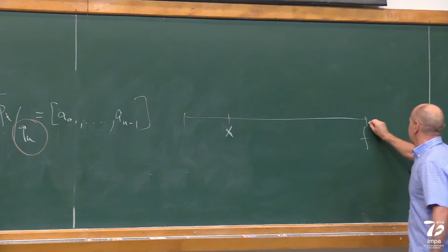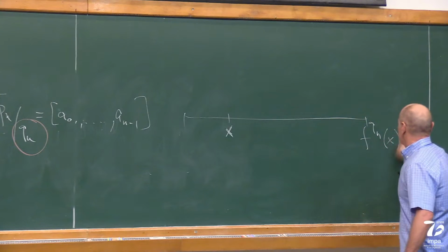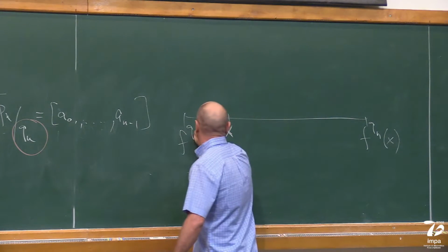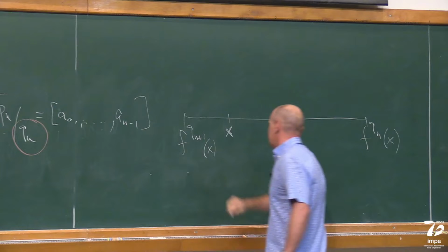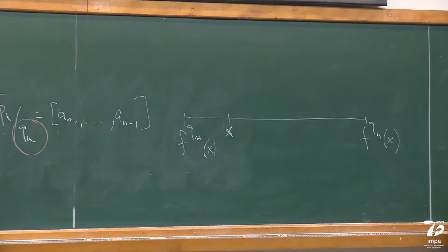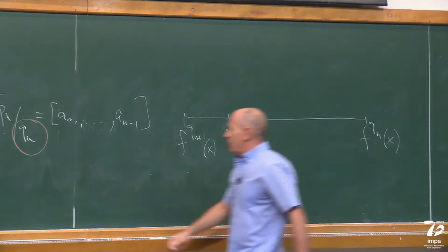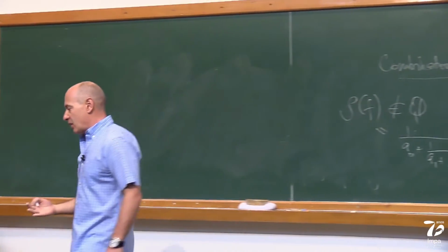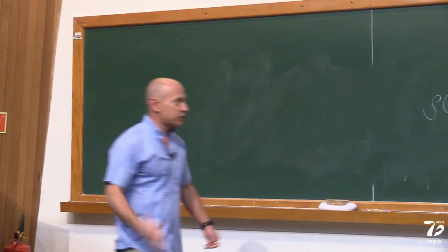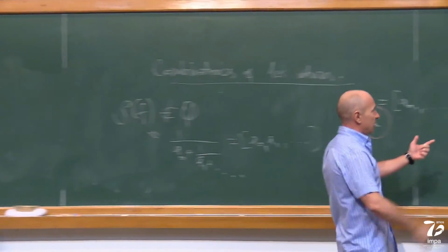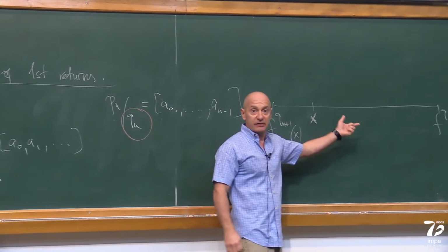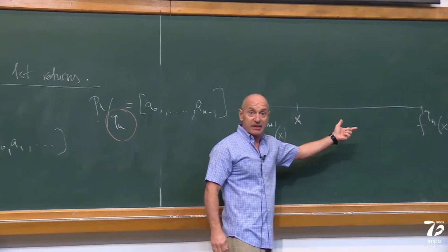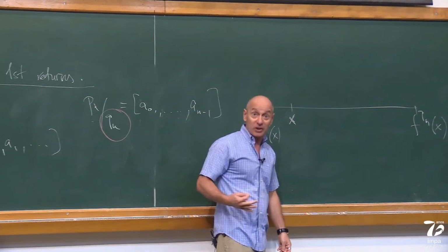So this would be f^{q_n}(x), and this would be f^{q_{n+1}}(x). Now, they're closest returns in the sense that no smaller iterate can be squeezed between x and one of these, right? But they are not the only closest returns.